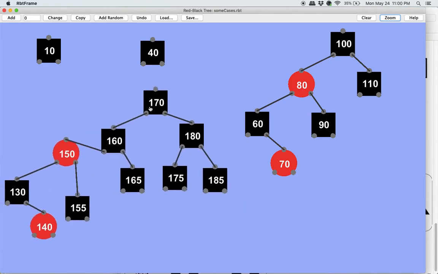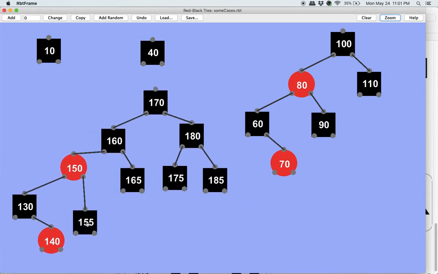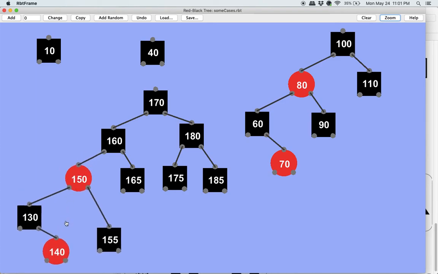I'll straighten them out in a little bit here. And so this is what my new tree looks like. And in this case, both sides here have a black height of 2, and with the black root, the entire tree has a black height of 3.